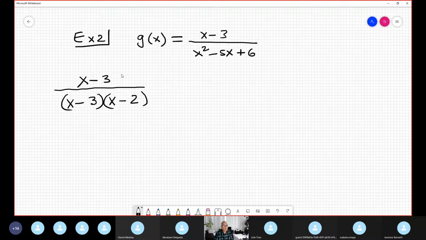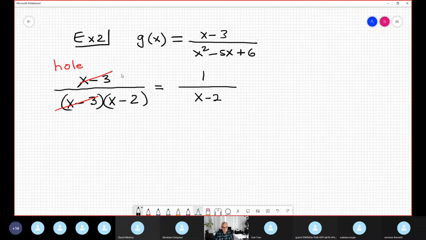Now immediately you see that this factor is cancelled. A factor that is cancelled always represents a hole. The factor that stays in the bottom is a vertical asymptote. So in the top we have nothing, nothing is 1, and the bottom is x minus 2.